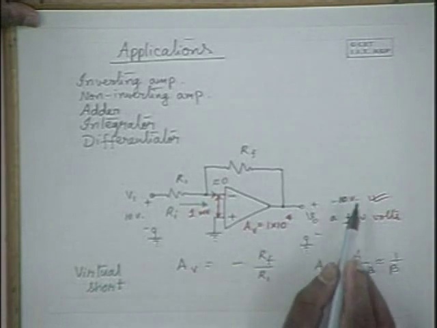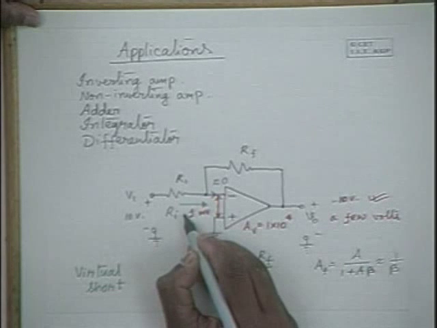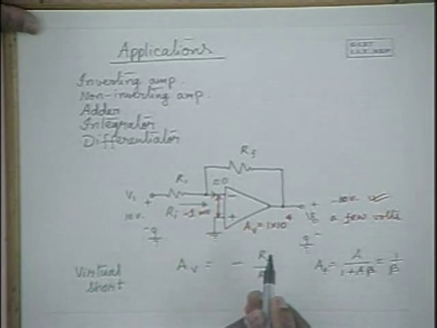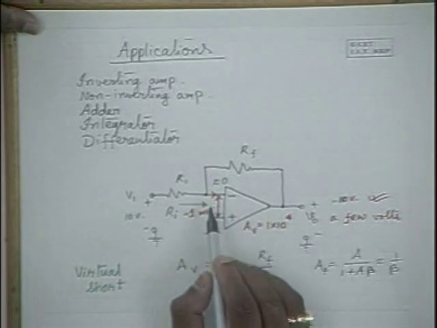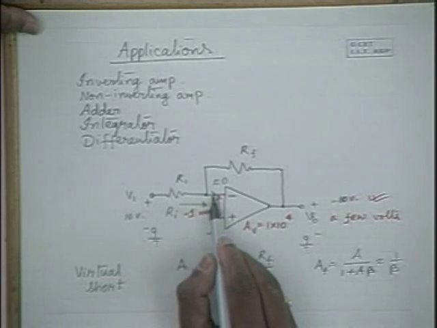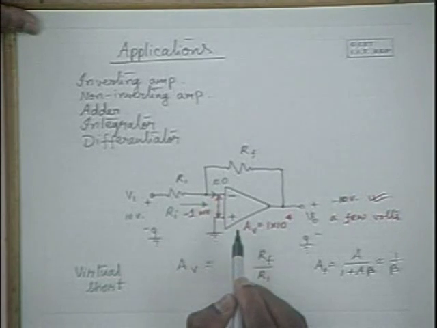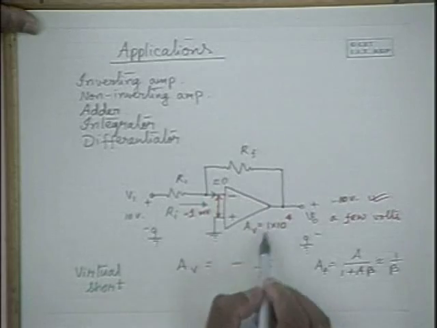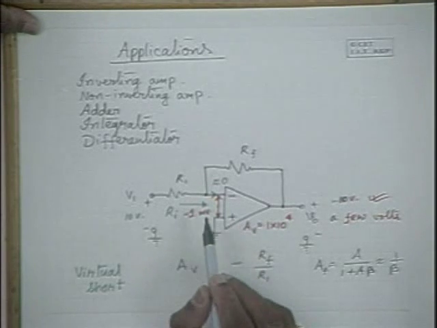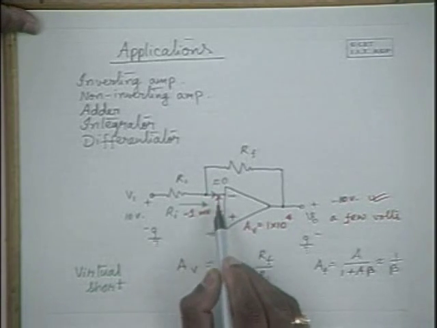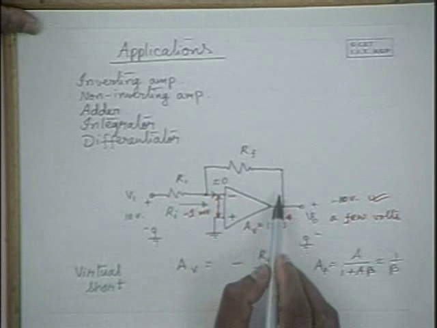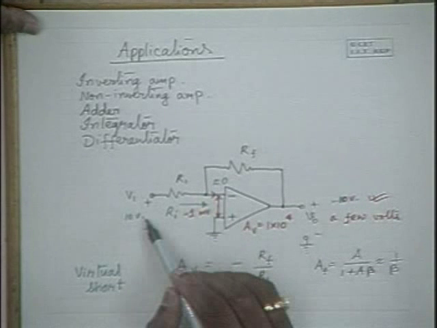And when this is minus 10 volts, this is of the order of -1 millivolt. How is it possible, and what is forcing this voltage to be such a low voltage? The high gain of the amplifier is forcing it to be of 0 voltage, and partially the feedback is responsible for it.